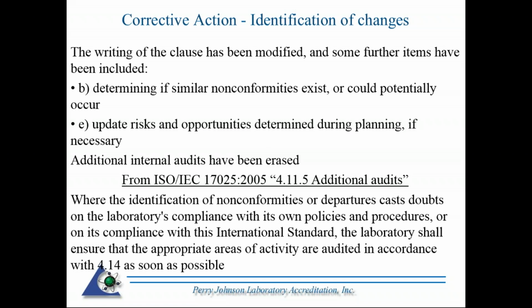You can see a couple of them right there. There is a clause of determining if similar nonconformities exist or could potentially exist. And risk. We've got risk coming into play here: with corrective action, we need to update risks and opportunities determined during planning if necessary.